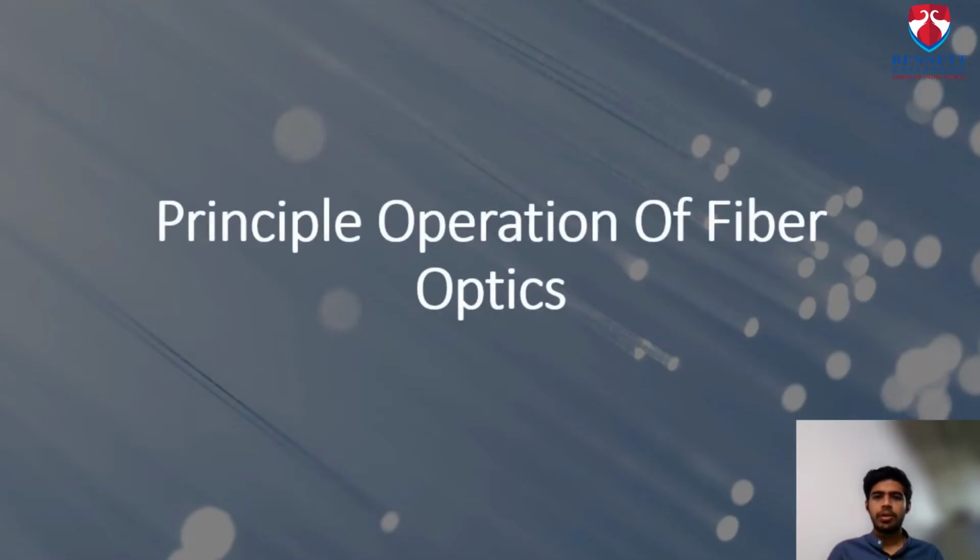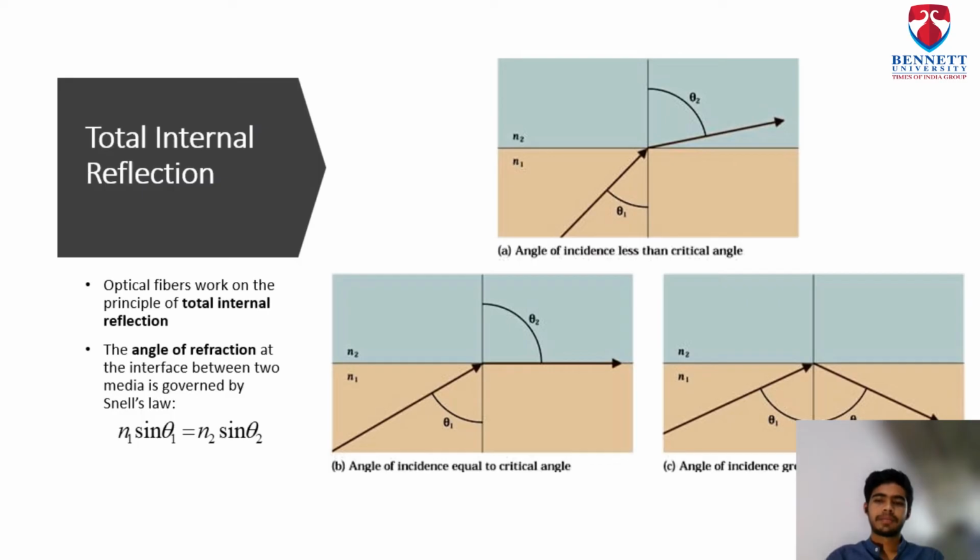Now I will be talking about principles of operation of fiber optics. Total internal reflection. Fiber optics works on the principle of total internal reflection. As we can see in figure C, when the angle of incidence is greater than the critical angle, then the incident ray is reflected back into the medium.